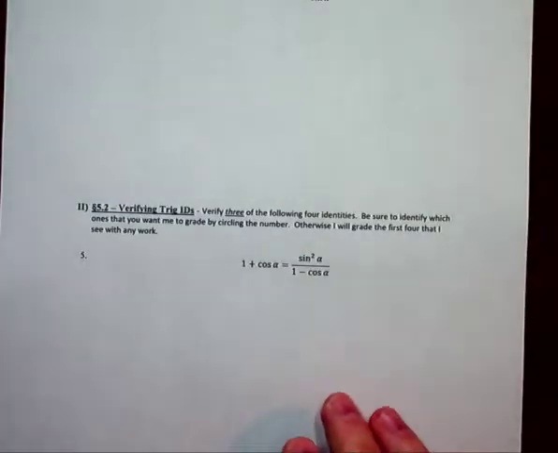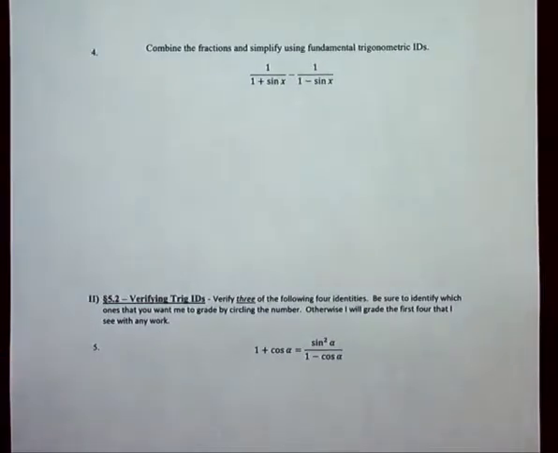Now, let's get on to the next one. The next one was basically combining the fractions rather than separating the fractions as in the example before. The only way to really do this is to multiply each one by the other denominator over itself.